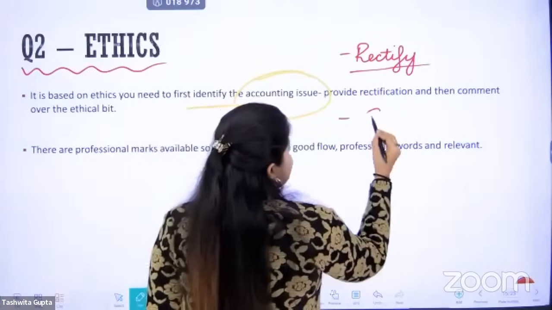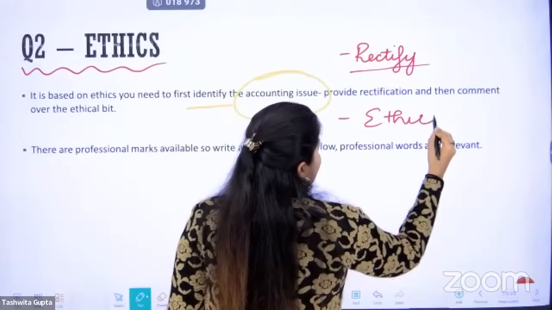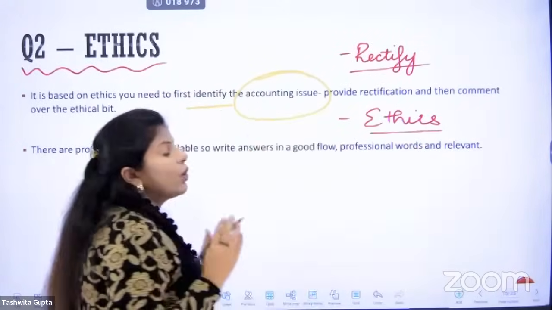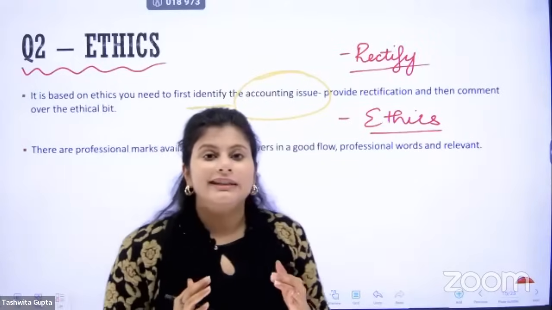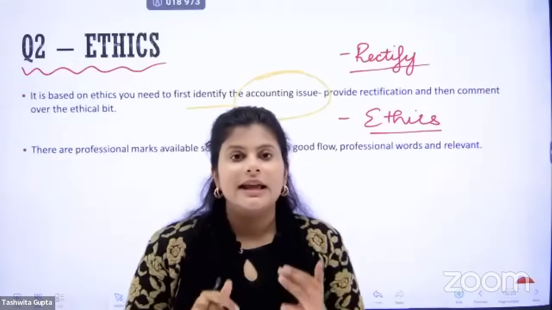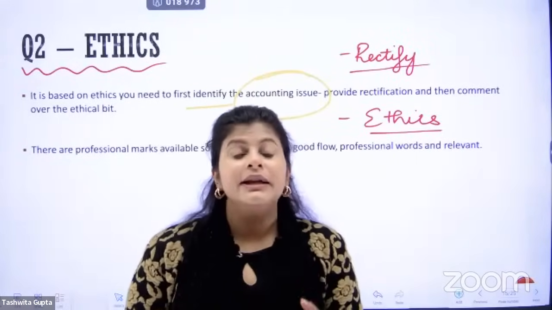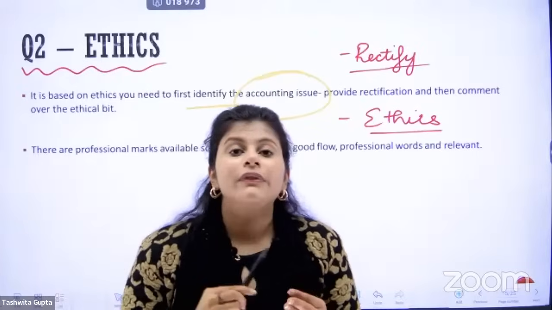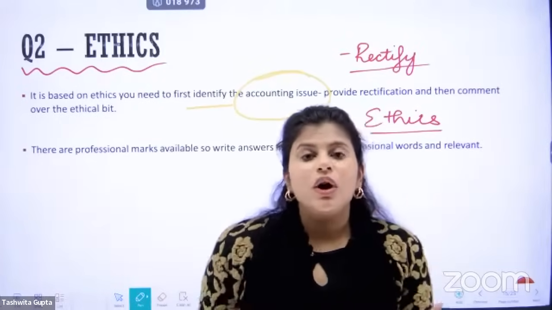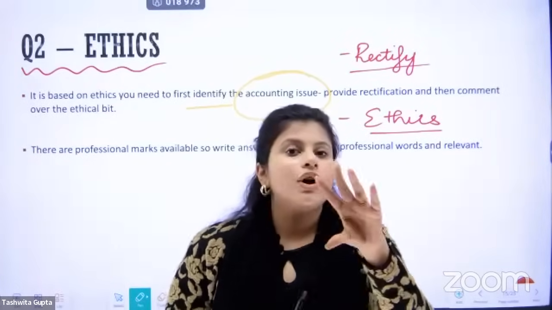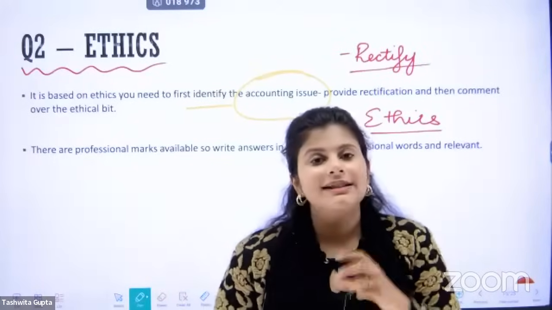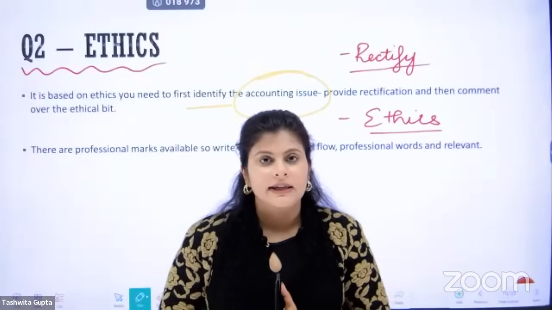How can you comment on his ethics? You'll talk about what all things he's doing wrong. You'll comment upon the threats he's facing: self-interest threat, familiarity threat, advocacy threat, self-review threat. He's breaching confidentiality. So when we talk about insider trading, that is a breach of confidentiality.